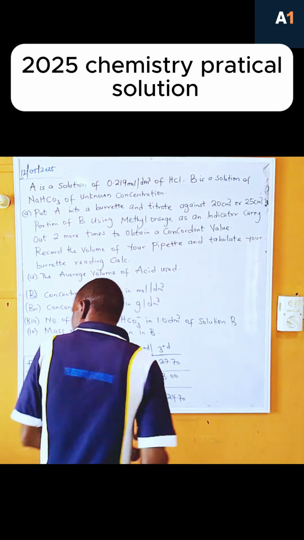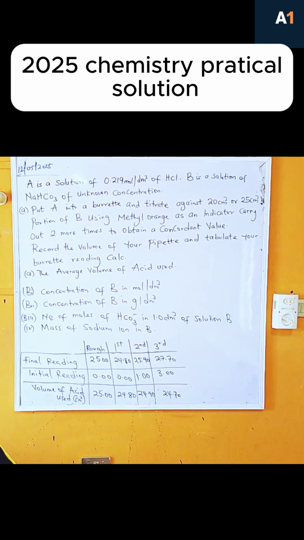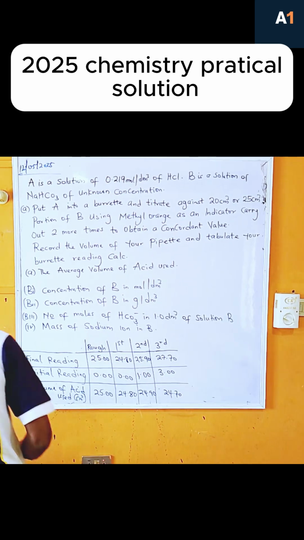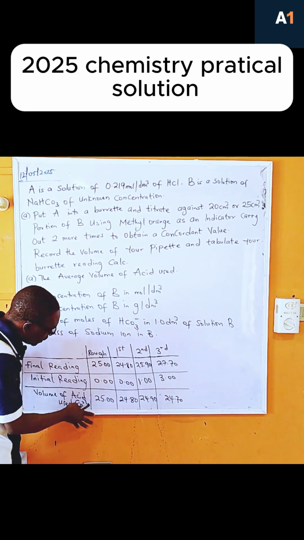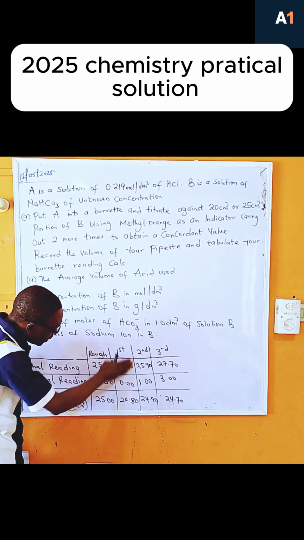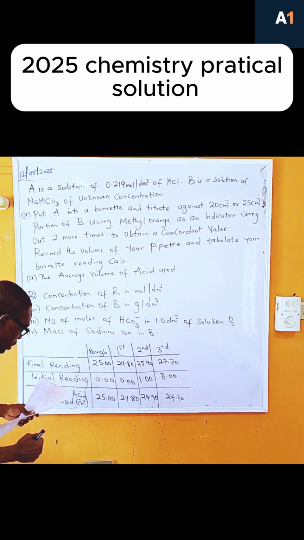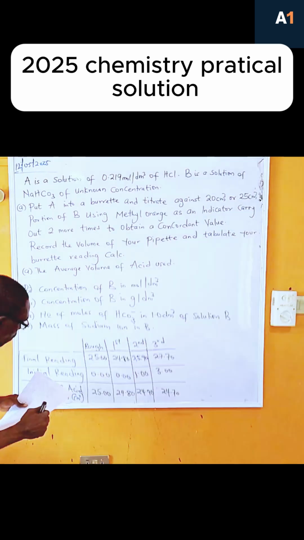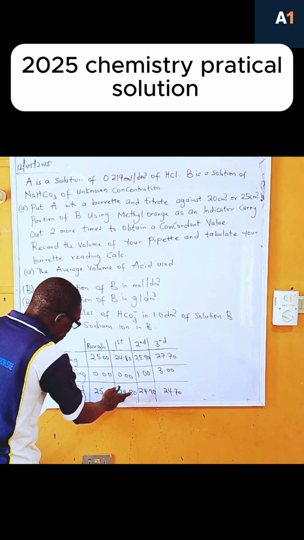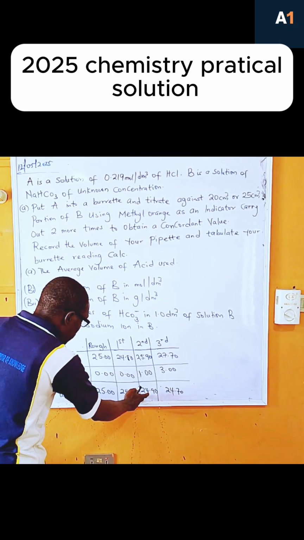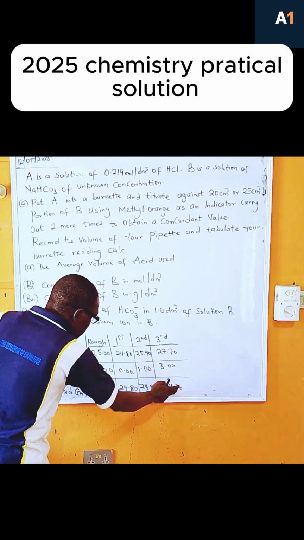So now, how do we calculate based on this particular question? So first of all, let me tell you one thing. If you look at this one, the rough, and the first titration, second titration, and third titration, you have to use the ones that are close. You can see 25 and 24.80, 24.90 and 24.70.